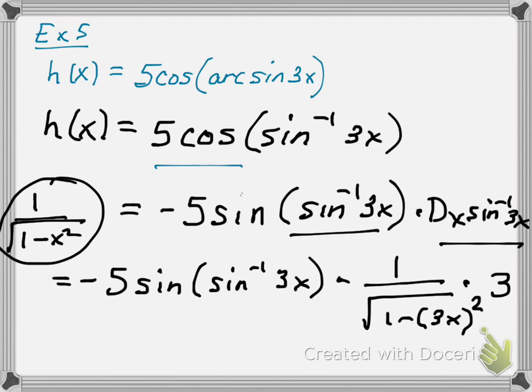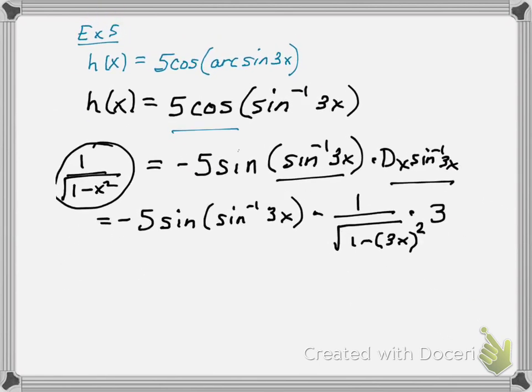Alright, so now I need to simplify that. So I've got all of this as part of my answer. This is the derivative of this thing. I had to multiply times the derivative of this because it was more than just an x. And so let's see, what's that going to look like if I simplify it? Well, let's see, I could take this negative 5 and multiply it times this 3 to make a 15.